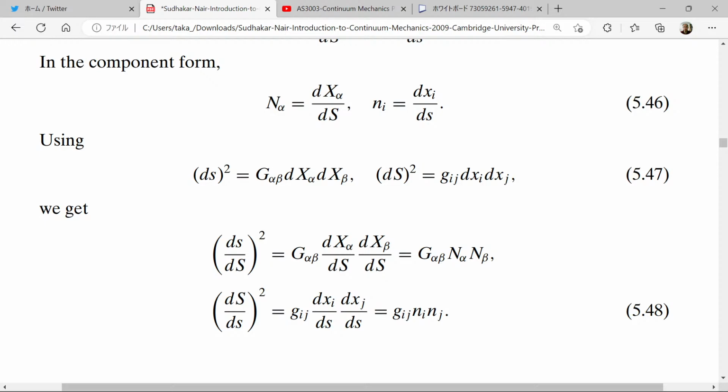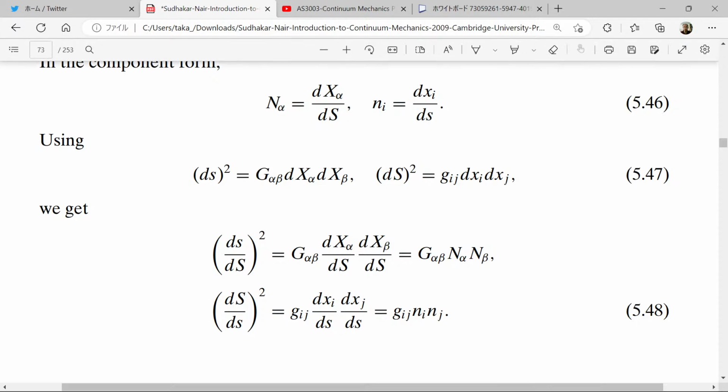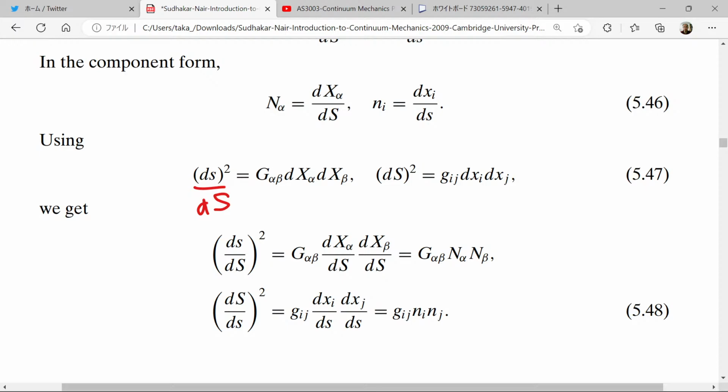ds square. How do you get it? I think we just divide this by dS square.